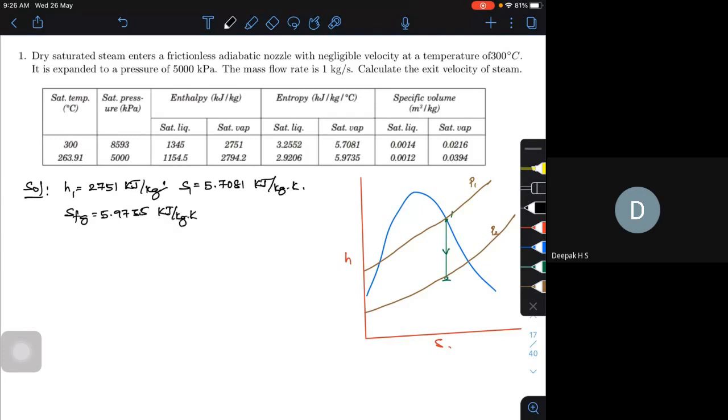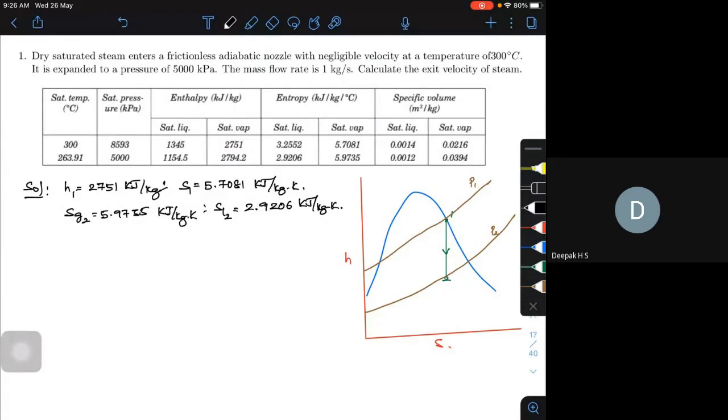Then what is the entropy of liquid, SF? It is 2.9206 kilojoules per kg Kelvin. The difference of these will give SFG. So rather than call it SG, this is SG2, and this is SL2, that is, saturated liquid 2.